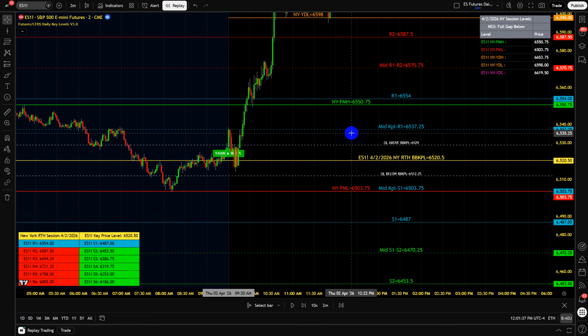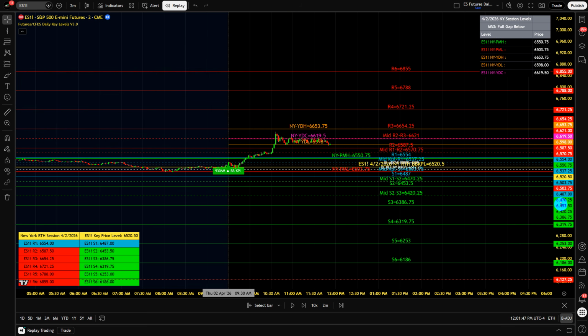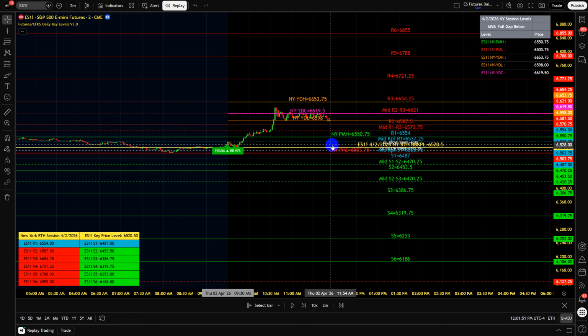And the reason being is that you want to be able to see price action in a more granular view. Of course, if you prefer to see all 6 levels, that's up to you. However, I would definitely recommend changing these to something smaller, because as you can see, this is just too bunched up.